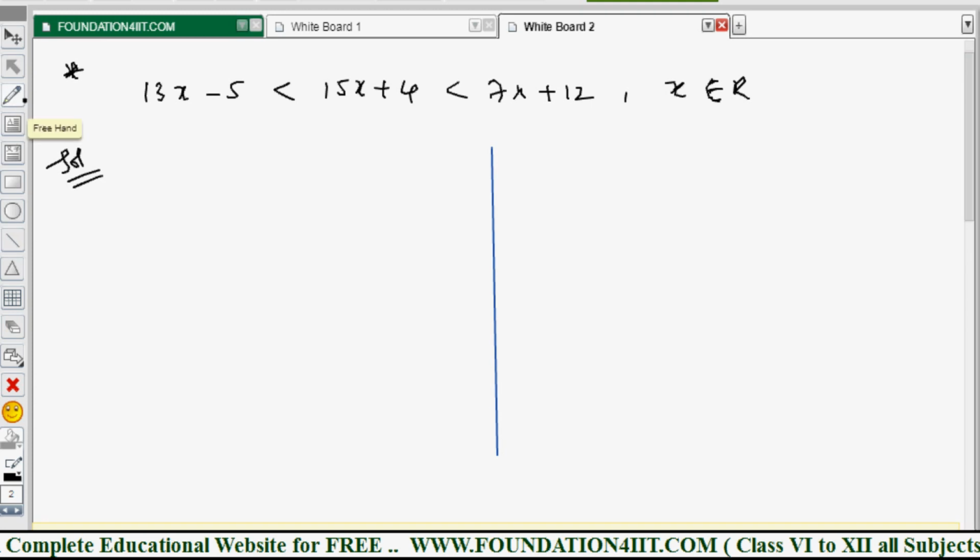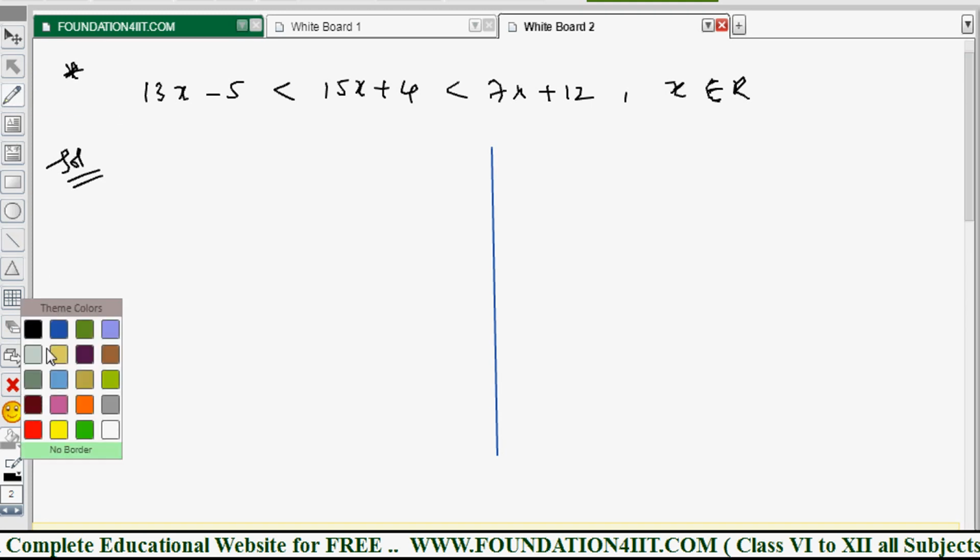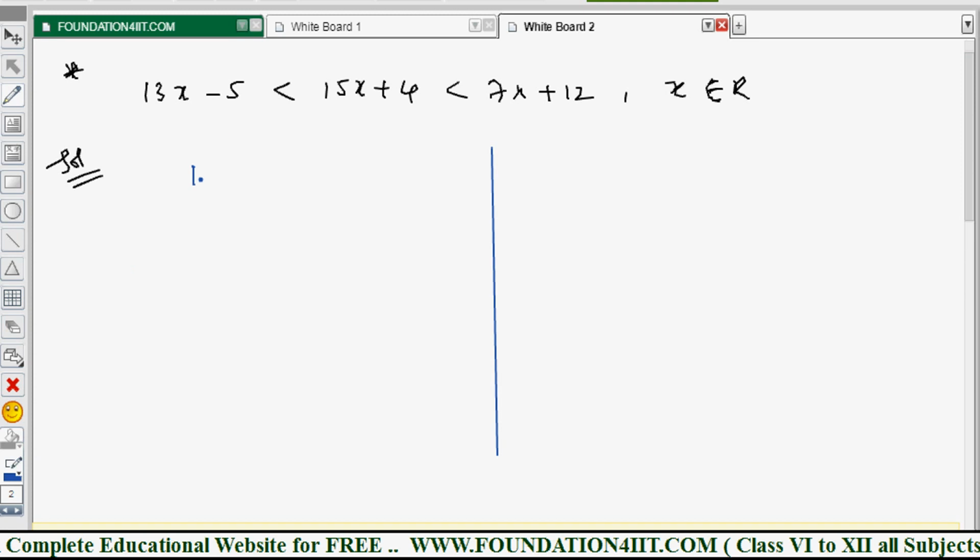First 2 we can take, one inequation. So from this, 3x minus 5 less than 5x plus 4. Okay, and again 5x plus 4 less than 7x plus 12. These both we will solve.